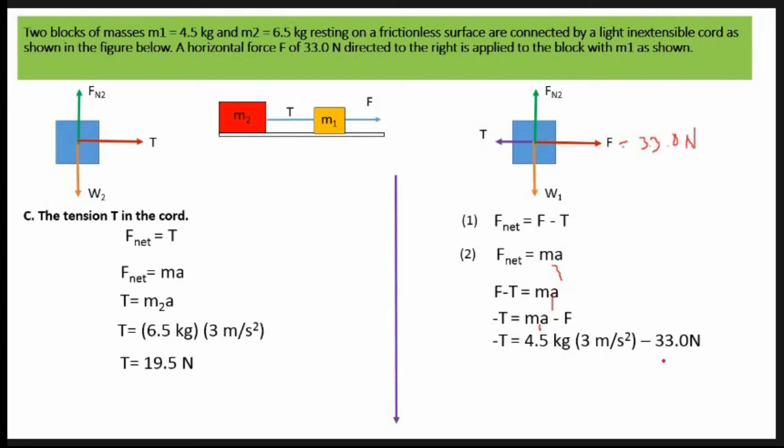Simplify: you multiply these two, it becomes 13.5 newtons minus 33 newtons. Then you simplify it further, it becomes negative 19.5. Remember there's a negative here, so divide both sides by negative, and you get this one.